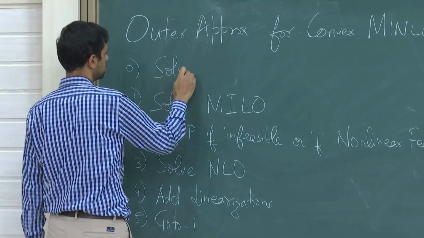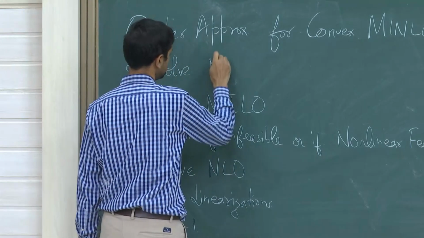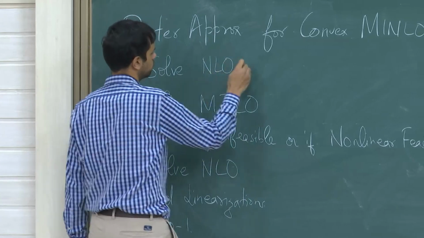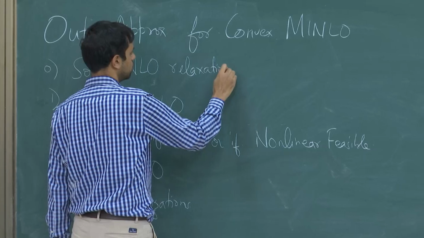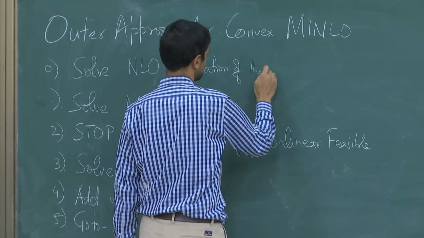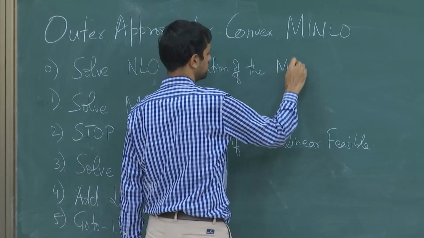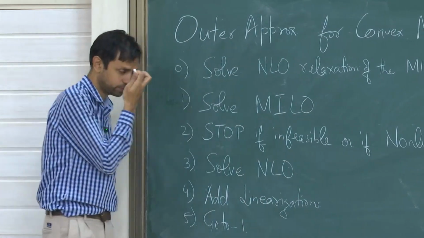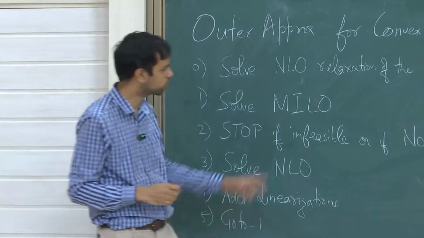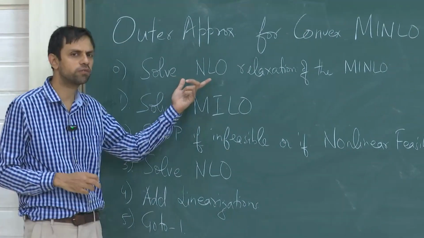Okay, solve the NLO relaxation of the MINLO. Okay, so in the first one, you don't fix any variables.